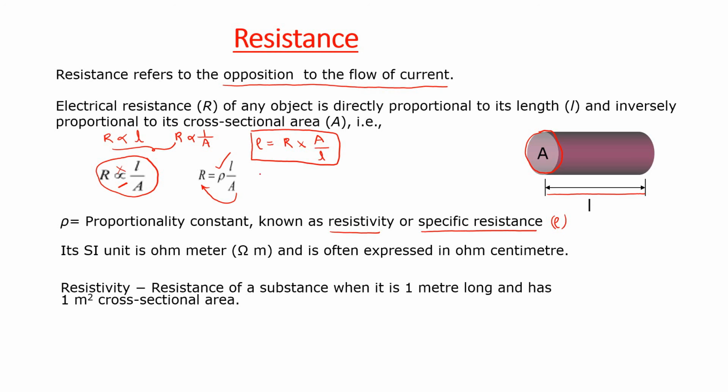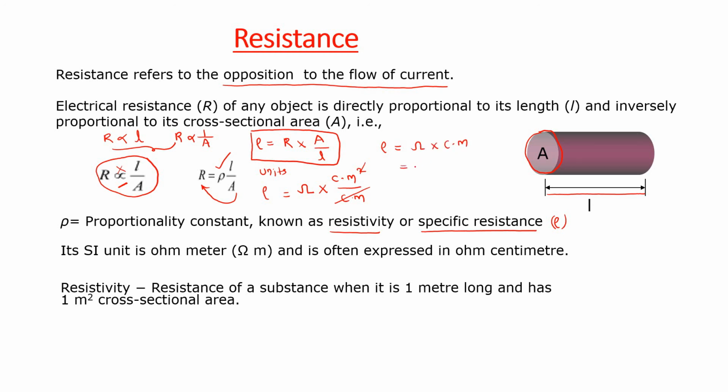If you want to find out the units, put rho equal to resistance into area over length. The unit for resistance is ohm. Area of cross section means centimeter squared, and length is centimeter. One centimeter cancels. So the unit for specific resistance or resistivity is ohm into centimeter.